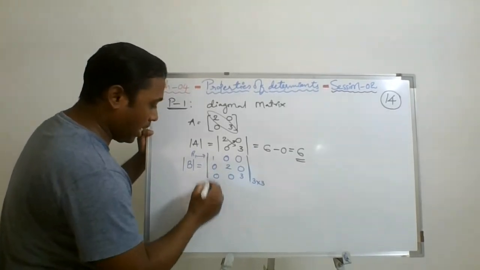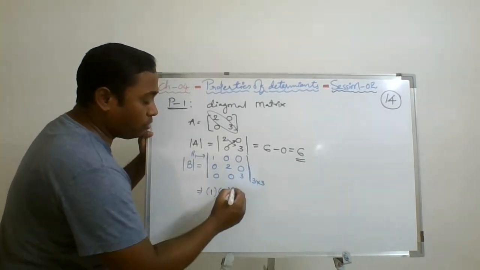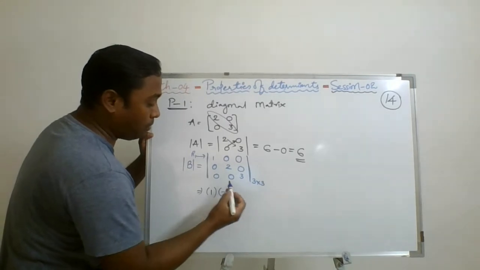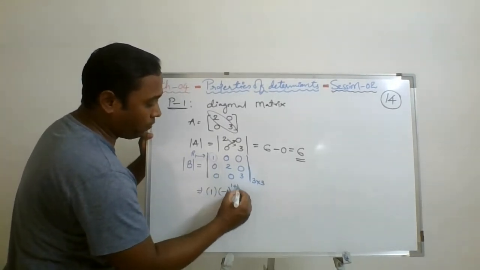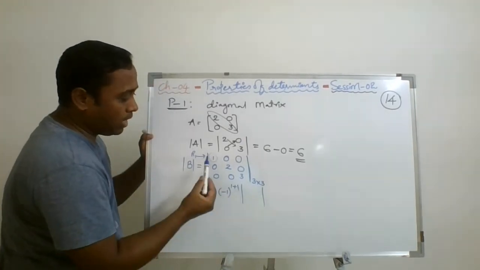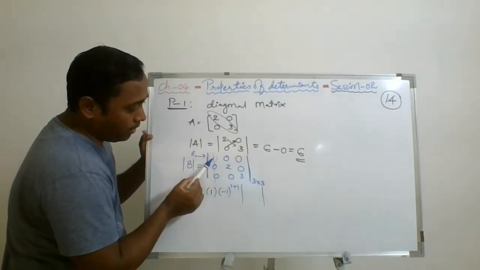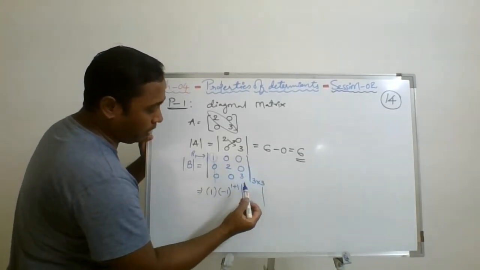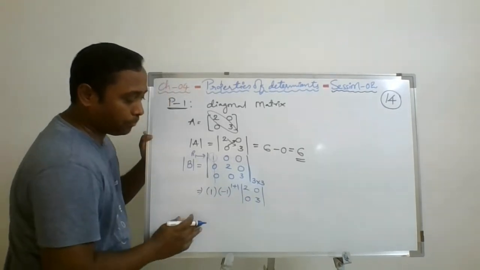That is, element 1, then minus 1 to the power of i plus j, which means first row, first column position, into the determinant of the 2 by 2 matrix obtained by eliminating the row and the column of the element 1. So we are left with [2 0; 0 3].